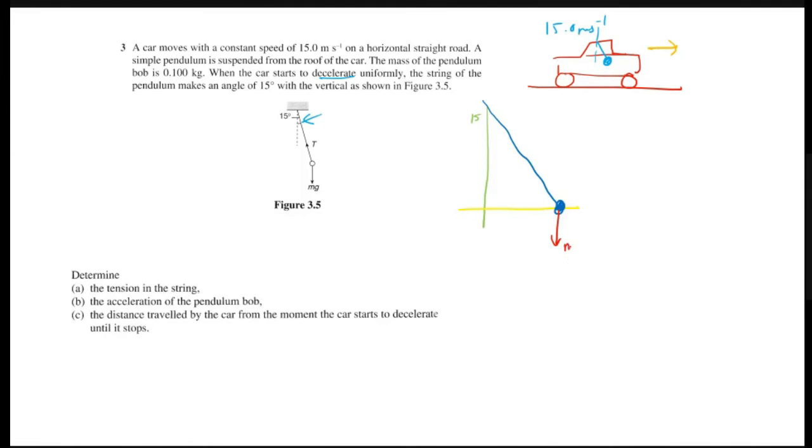One is mg pointing downwards, one is the tension T of the string, at 15 degrees, and one is going horizontally.